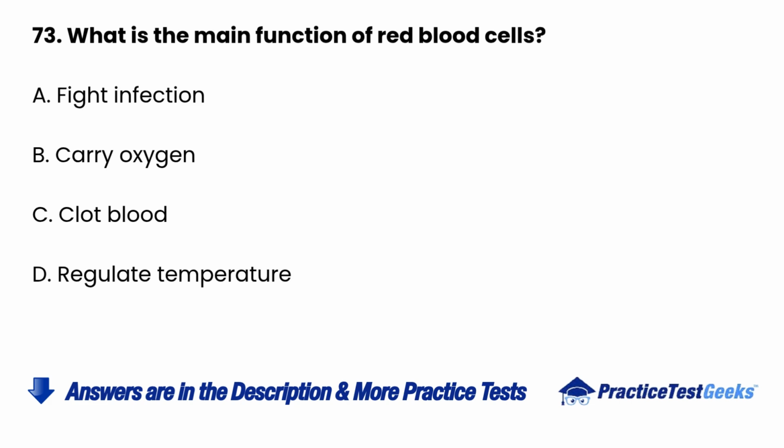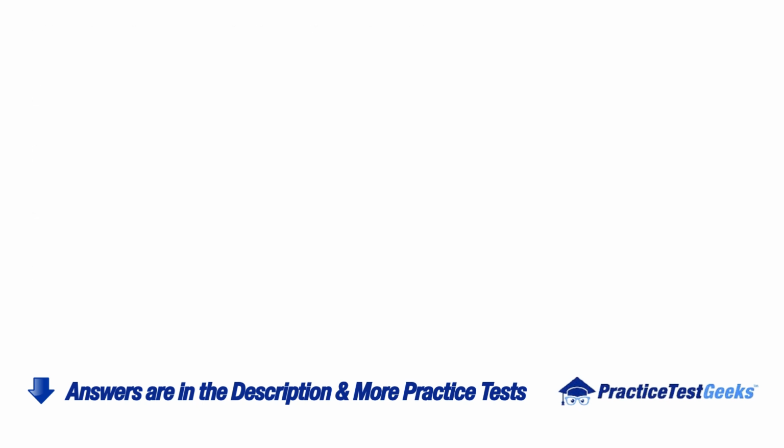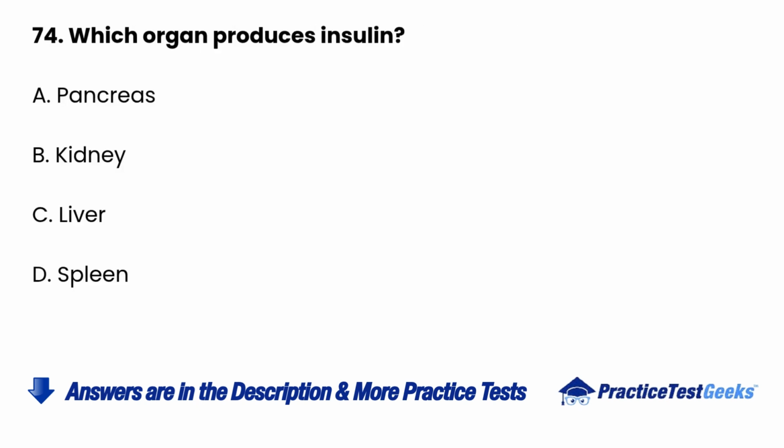A. Fight infection. B. Carry oxygen. C. Clot blood. D. Regulate temperature. 74. Which organ produces insulin? A. Pancreas. B. Kidney. C. Liver. D. Spleen.